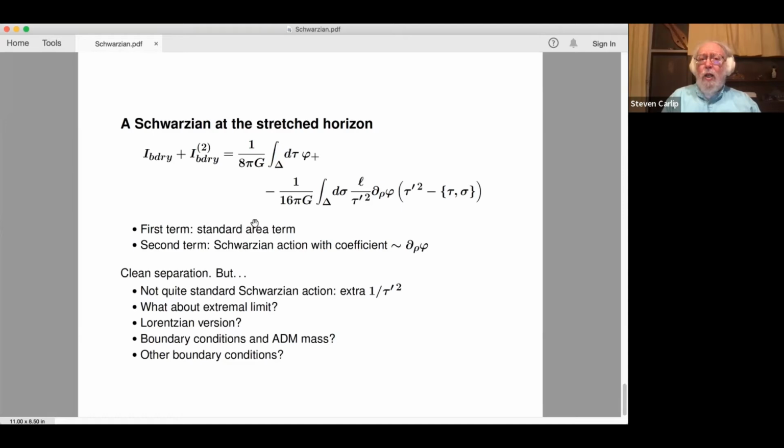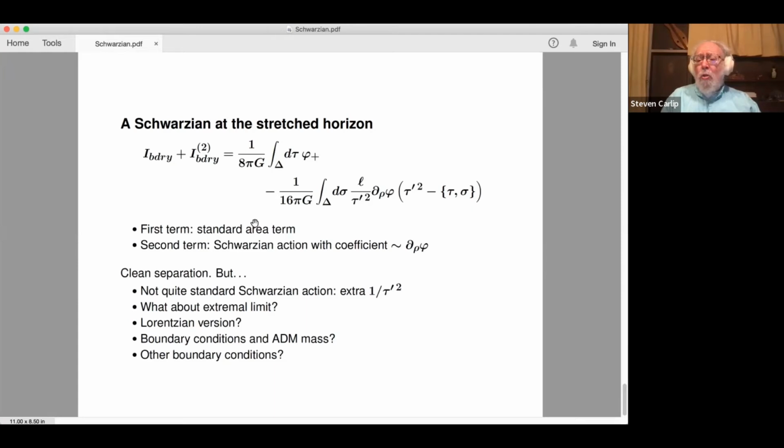I think that this goes back to papers by Strominger, Way, and Hartman about the extremal and near extremal Kerr black hole and the near horizon description of that. They actually started with extremal and then perturbed that to get near extremal.